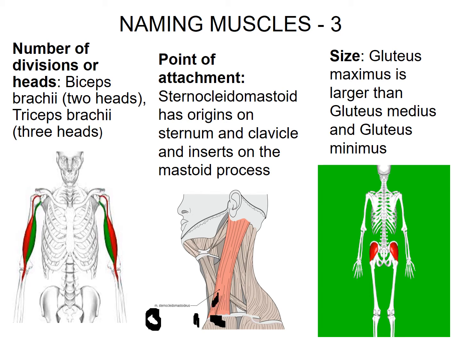And then this long muscle in your neck goes to your mastoid process, that big bump behind your ear on the temporal bone. So without knowing those bones and those bone markings, you wouldn't know what this muscle is, or what it does, for that matter. And because it inserts here on your mastoid, it helps you move your head. And then I gave you the example of gluteus maximus and minimus, and there's also a gluteus medius as well, based on size.